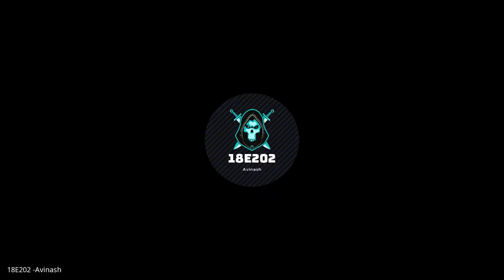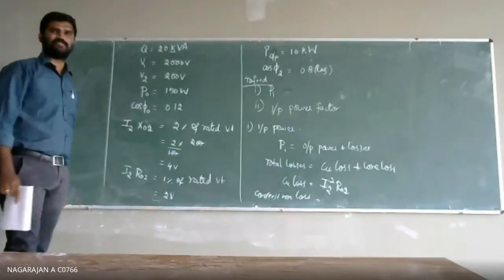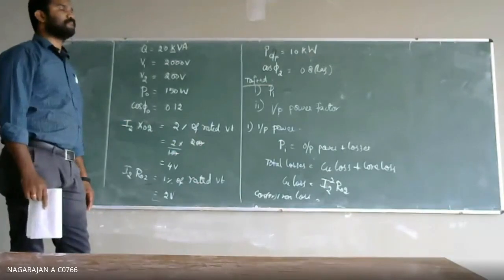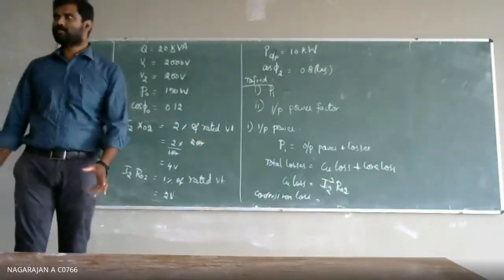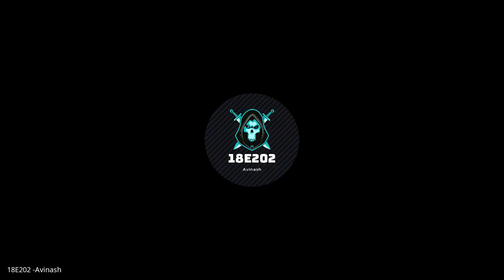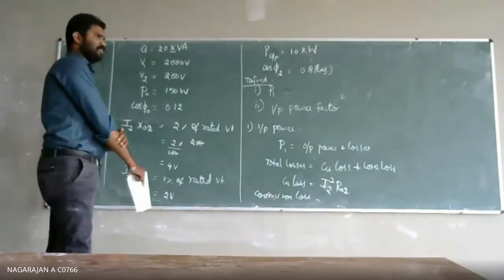Yes, sir. How can we find out core loss? If you don't know the answer, please tell. Sorry, sir, I don't know. So that I cannot wait for you. Okay. Roll number 208, Divine Tensile.